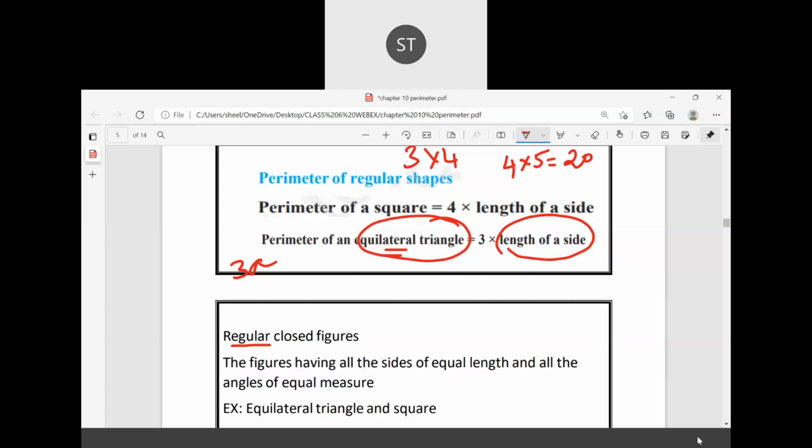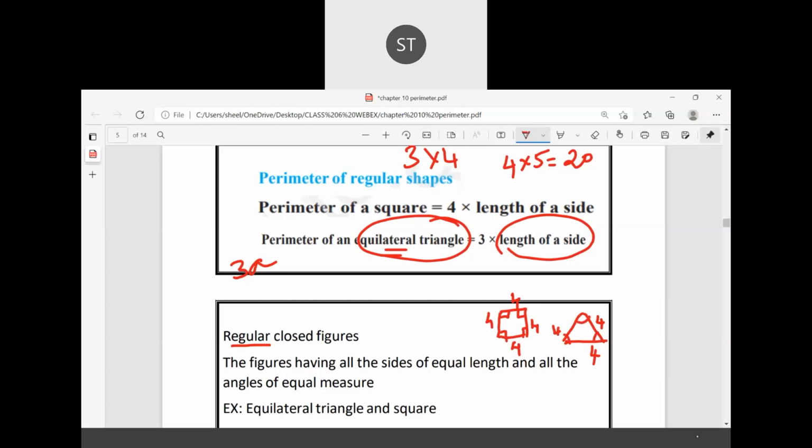So when you have a square, what is the condition we have? We know that all the sides are 4, so this is also 4, here also 4. What about the angle? The angle is 90 degrees. So all the angles are equal. Similarly, as is the case with the equilateral triangle, suppose this side is 4, this side is also 4 only. Now what about each angle?